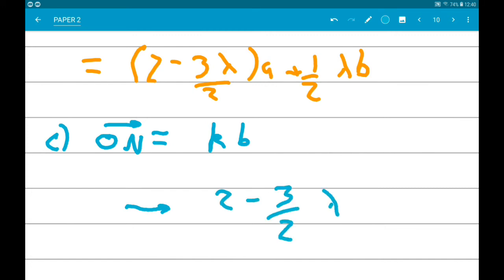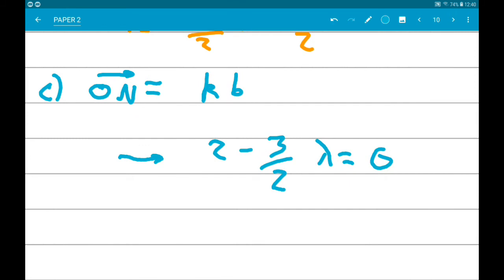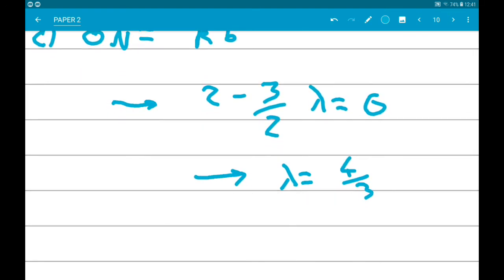Now, from that, we can get that lambda is 4/3. So that means that ON is 1/2 times 4/3 b.